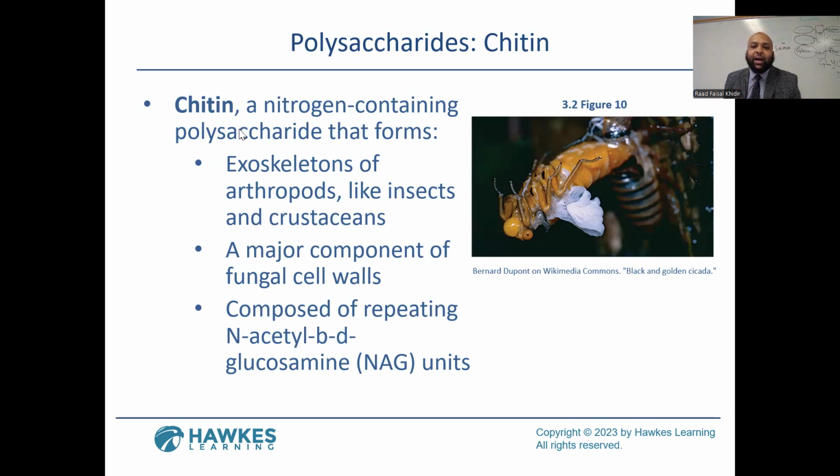Just remember that chitin is a nitrogen-containing polysaccharide found at the surface of the exoskeleton of insects.